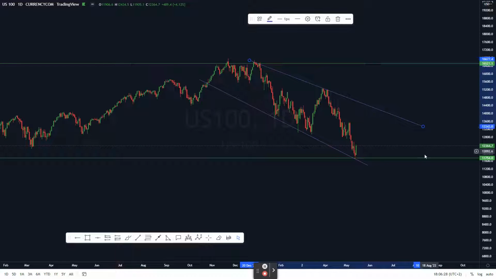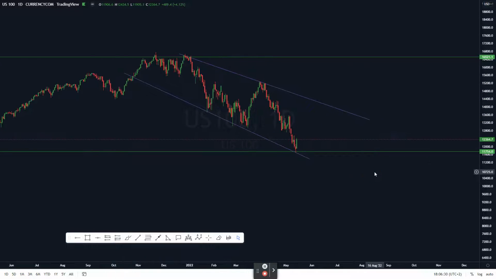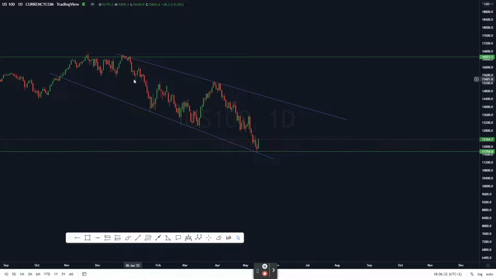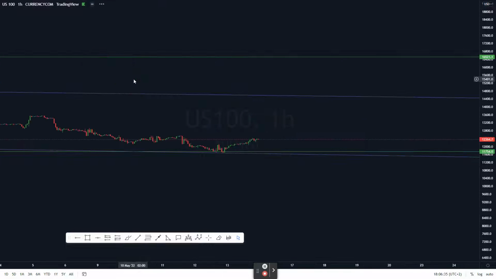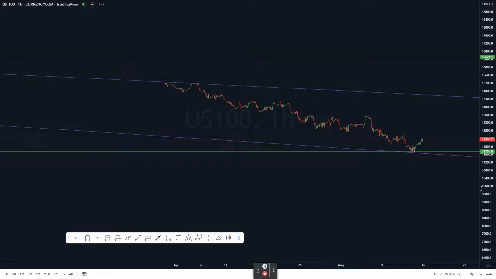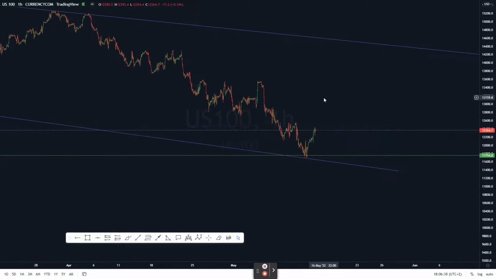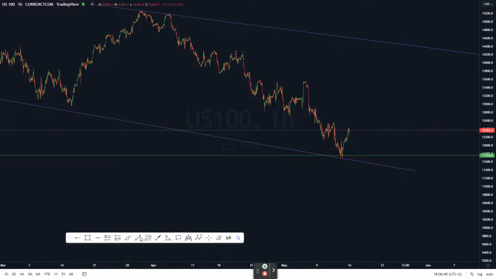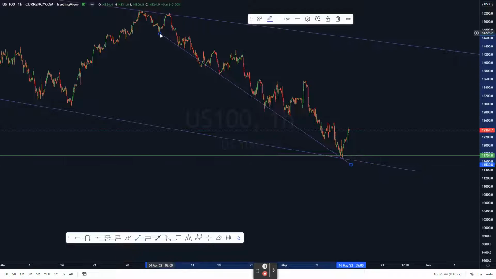So we should go and look at the 1 hour so we can find where to place the trade and get guidance. We'll find a trend within this trend that will guide us. There we go. We found the trend. We have the first touch, second touch, and this is our third touch.